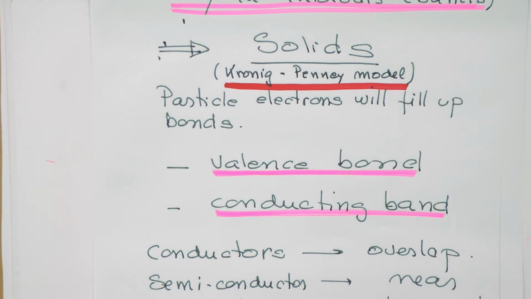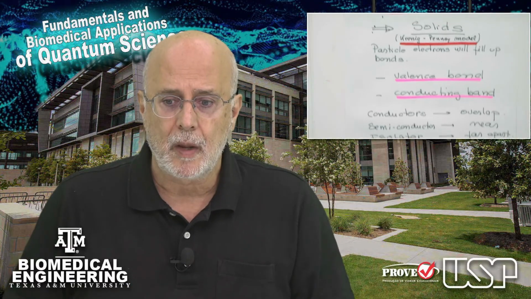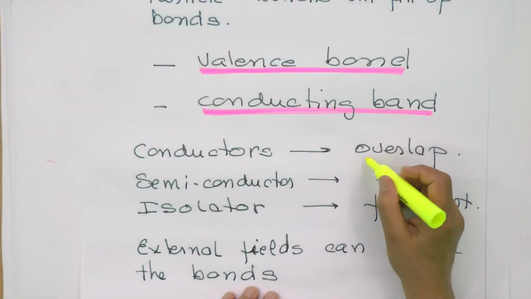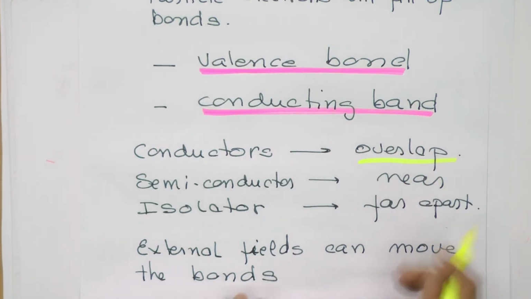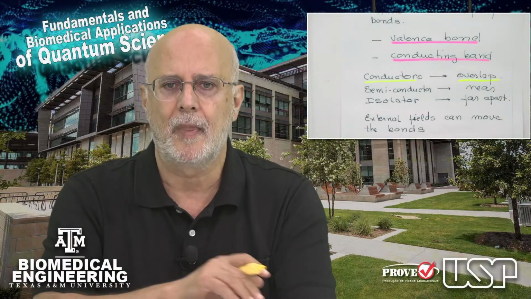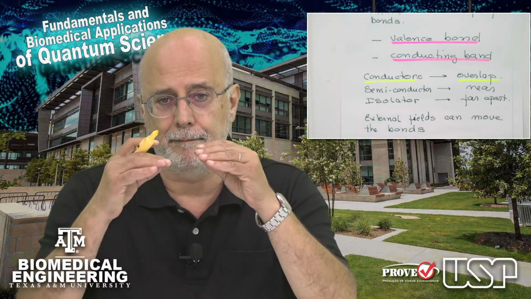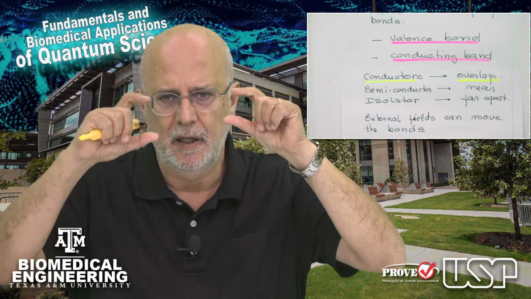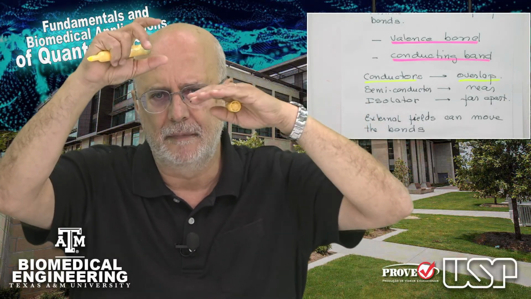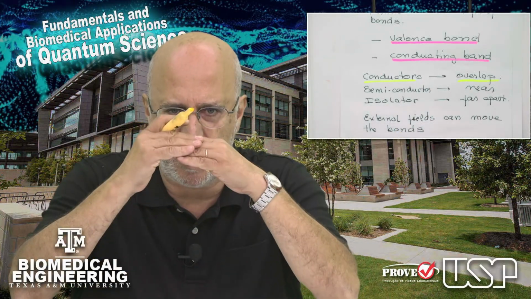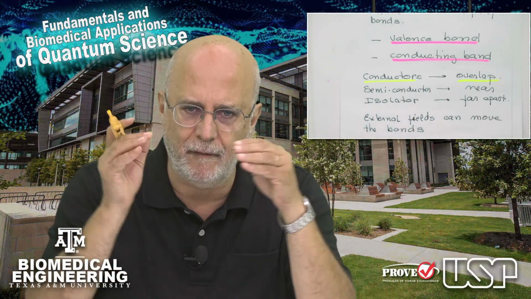But to go from one to the other depends on the type of solid. When I have these two possibilities overlapping, I have a conductor. So almost nothing is needed to make the electrons free and move. I have the valence band, which is this allowed energy, filled, and then I have the conducting band overlapping with it, basically close by, in fact touching.